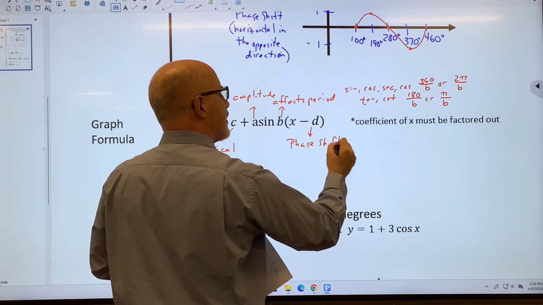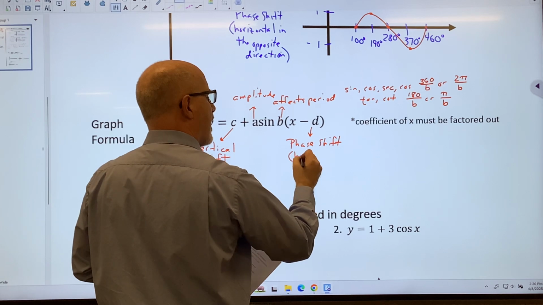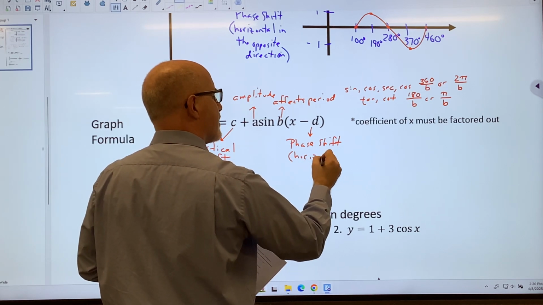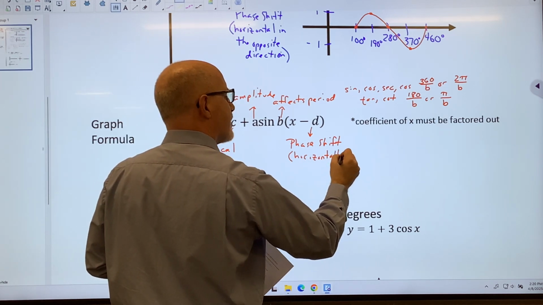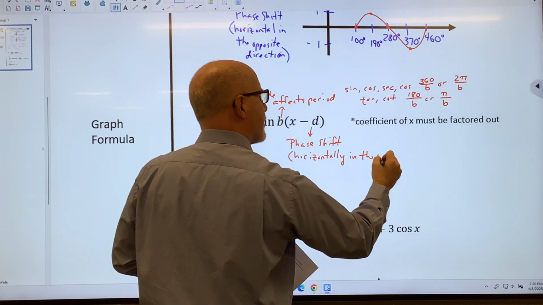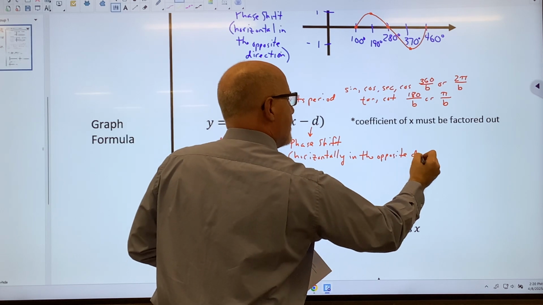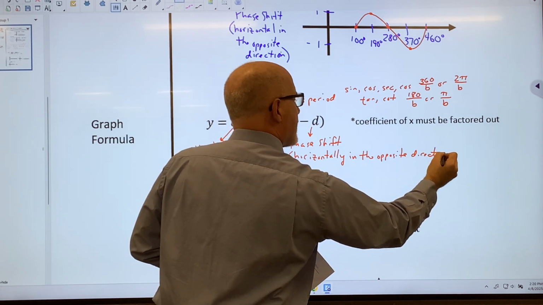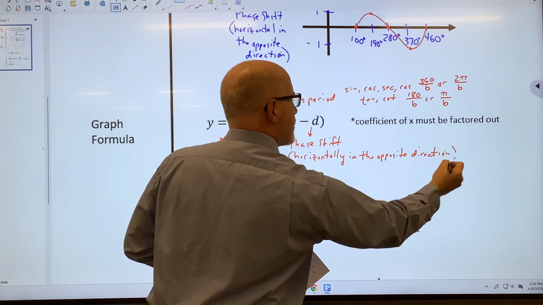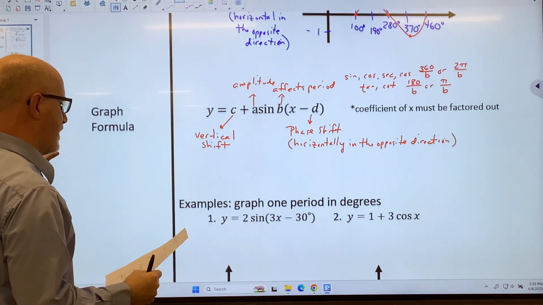And my phase shift is the one that affects it horizontally in the opposite direction. So whatever you have plus or minus, you go in the opposite direction for it.